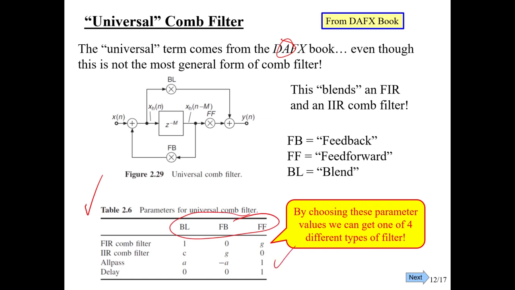You can set them in different ways to get 4 different types of filters. And interestingly, we can get an all-pass filter out of this. So the comb filters, at least this universal comb filter, is related to the all-pass filter in a way. So that's kind of interesting in itself.